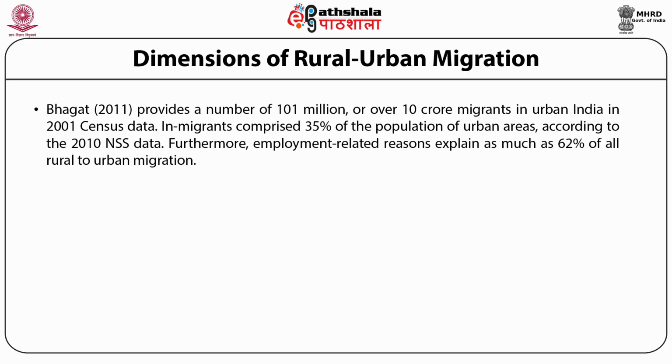Migration contributed a high of 36% of urban growth in Gujarat, followed by Maharashtra and Haryana. Mohanty and Bhagat also analyzed migration data between 1971 and 2001 and found that the growth rate of interstate migrants of 0 to 9 years duration in 1991-2001 was a whopping 66.5%.